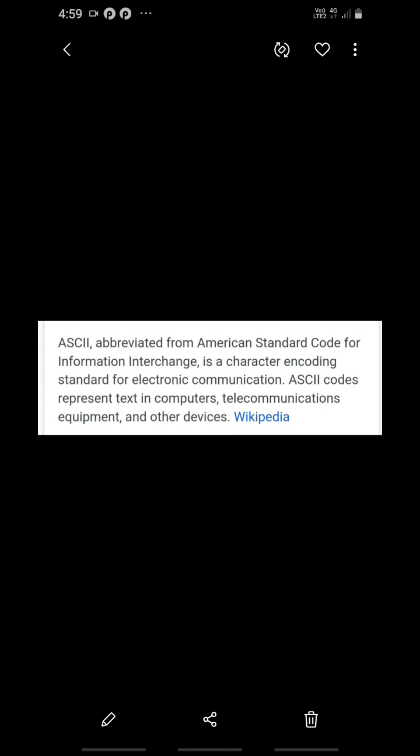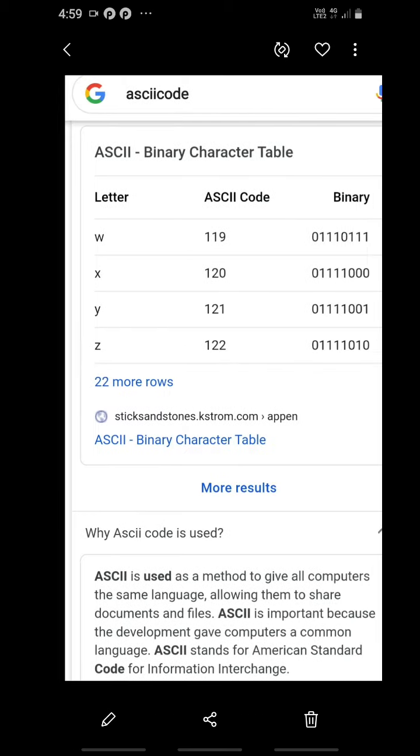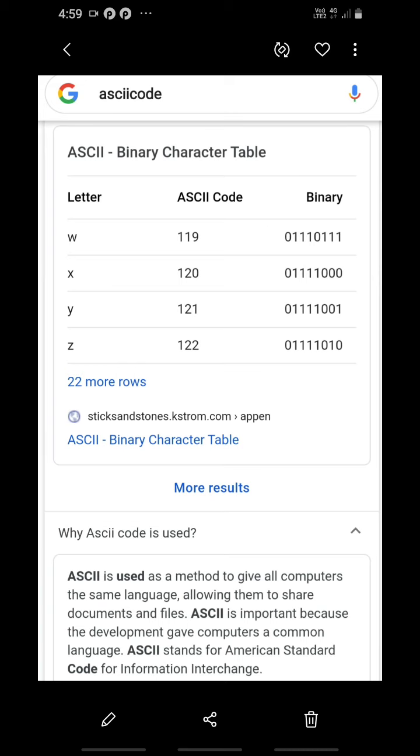It is a 7-bit code in which the decimal digits are represented by the BCD code preceded by 0, 1, 1. ASCII binary character table: letter, ASCII code, binary. Here W, X, Y, Z are the different letters.